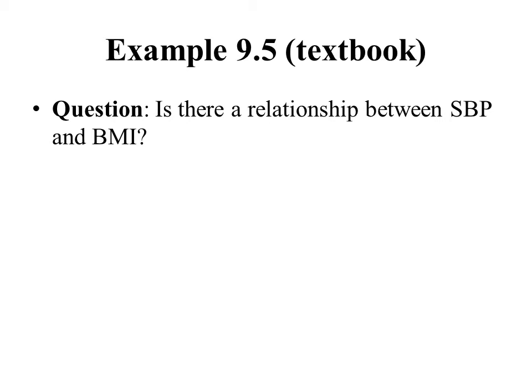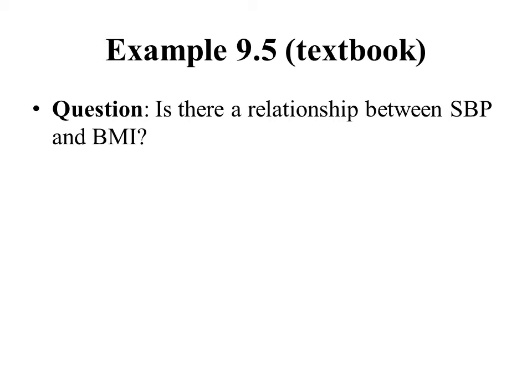Now let's look at example 9.5 from the textbook. One thing this example illustrates is that often in journal articles and other places, the author doesn't give all the data that are used to calculate the regression analysis. All they give is the results.